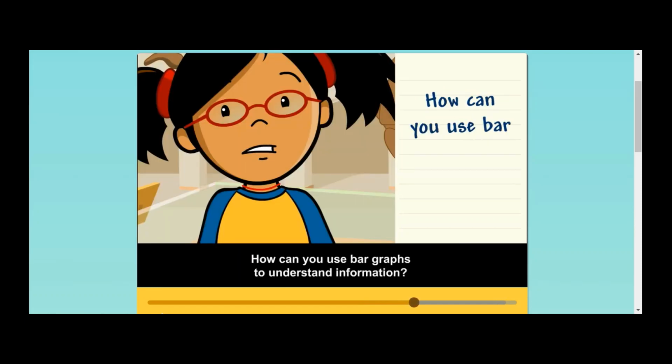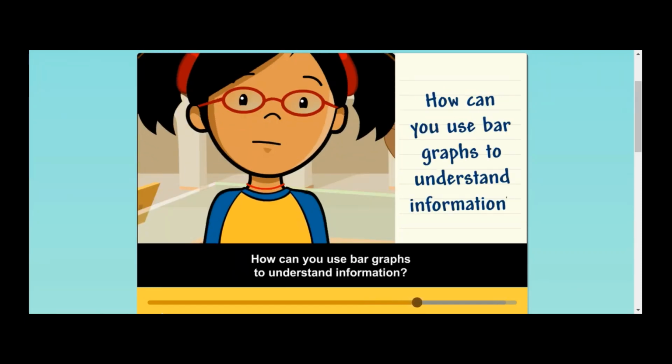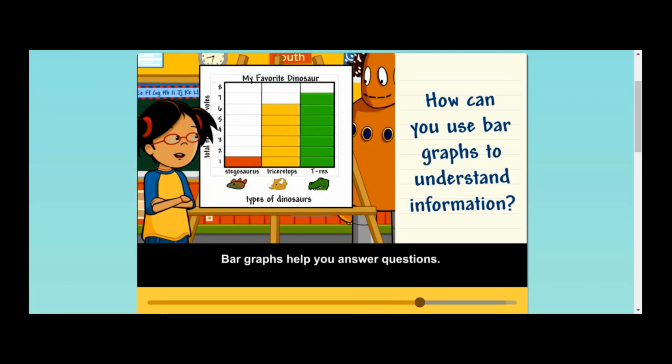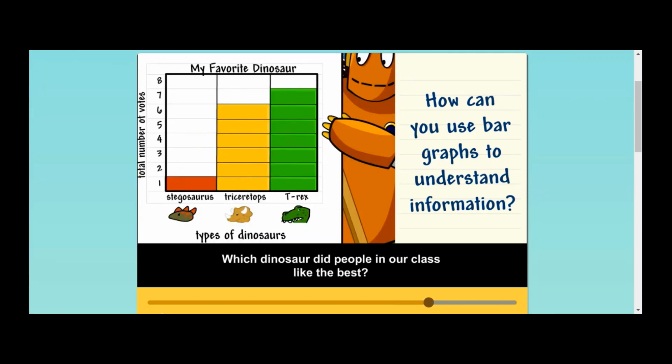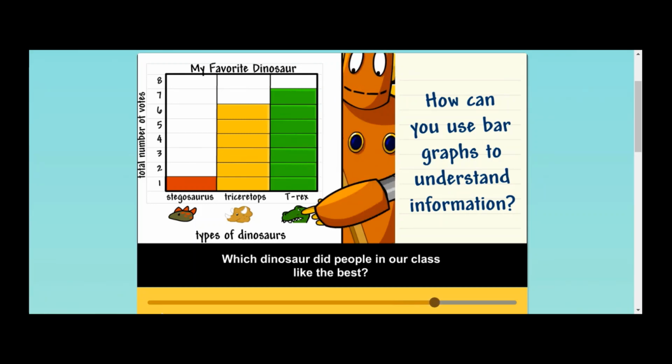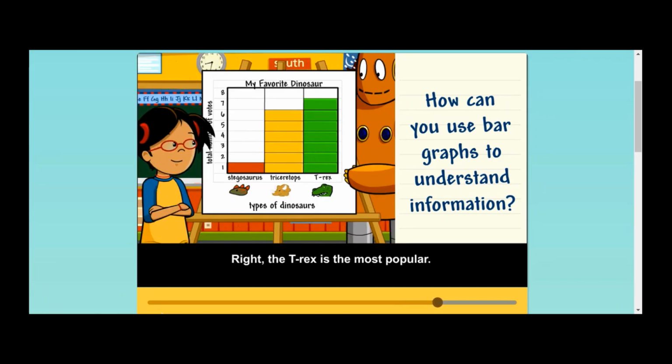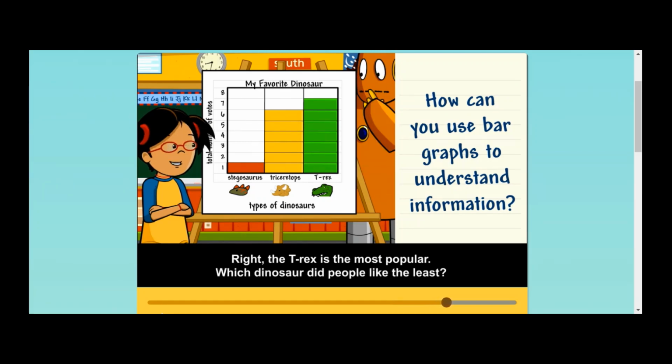How can you use bar graphs to understand information? Bar graphs help you answer questions. Which dinosaur did people in our class like the best? Right, the T-Rex is the most popular. Which dinosaur did people like the least?